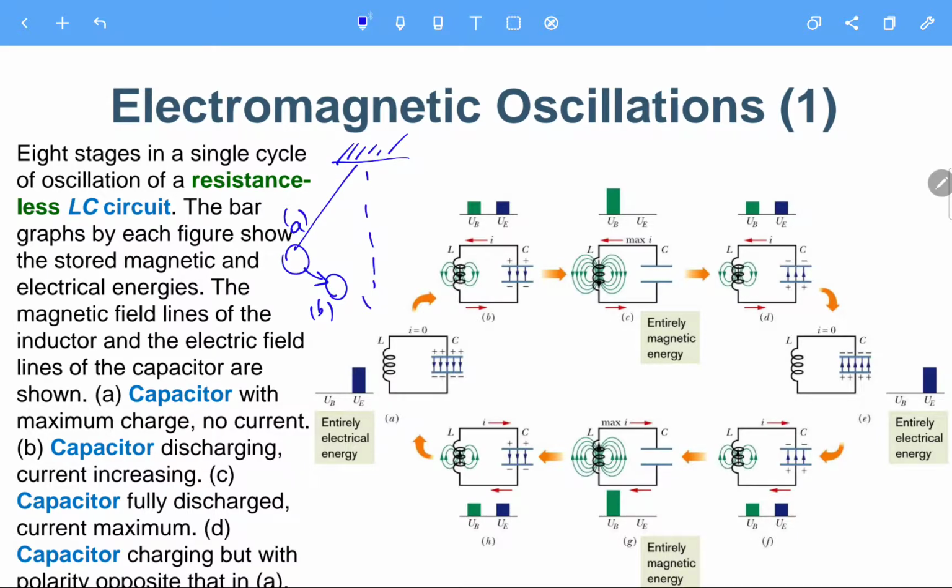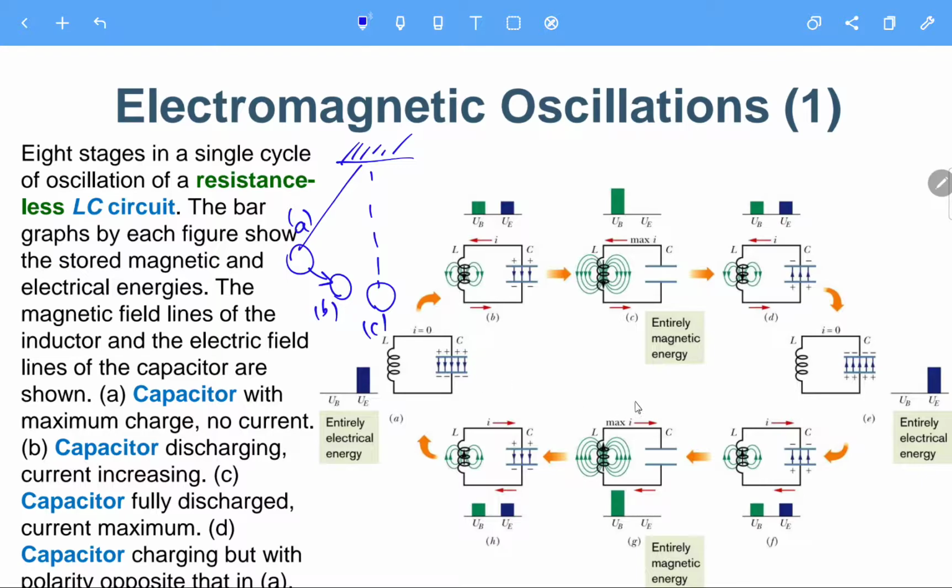And then for this situation, this is C, where all the potential energy has changed to kinetic energy, and then it will swing upward. So this is figure D. Okay, and then for part E, it is like here.